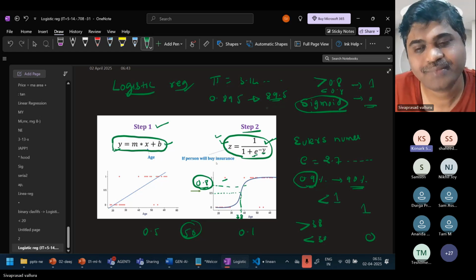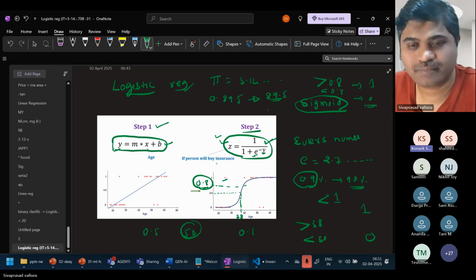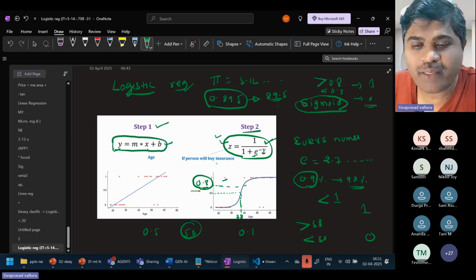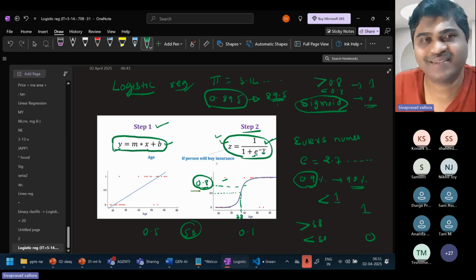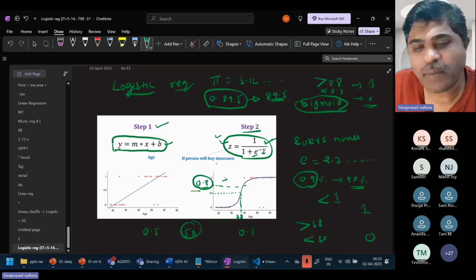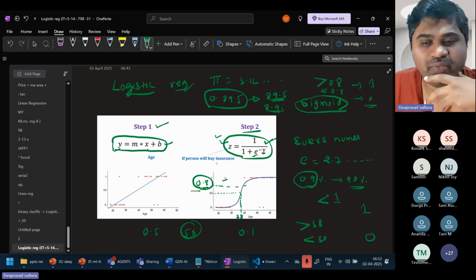Okay, understood. So it's not 0 or 1, but they are outputting this value as a score. You have to think that this is a probability: 0.895 means 89.5 probability. Okay, understood. Thank you. Maybe if you want a score between 1 to 10, you can say 8.9, or 8.95, whatever.